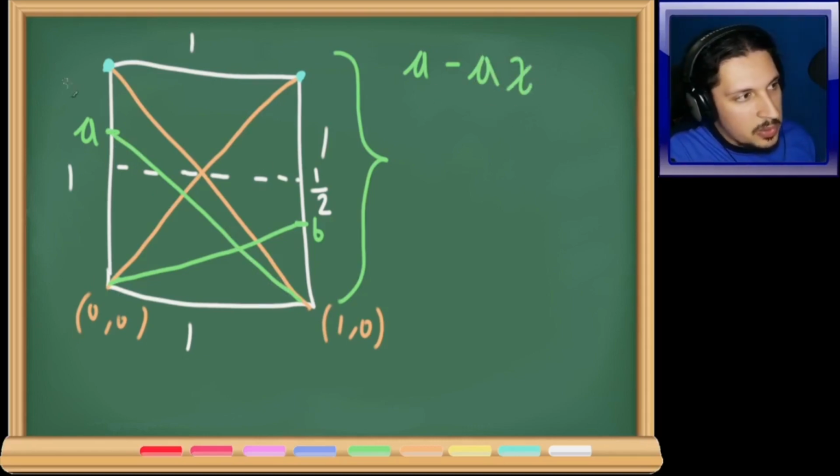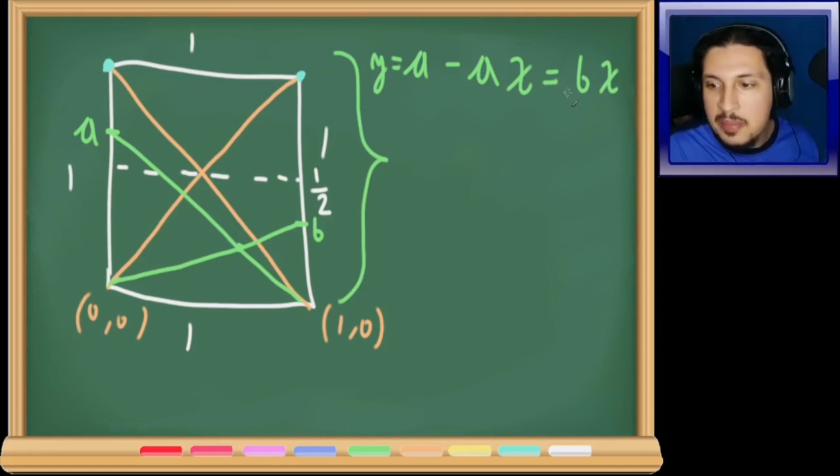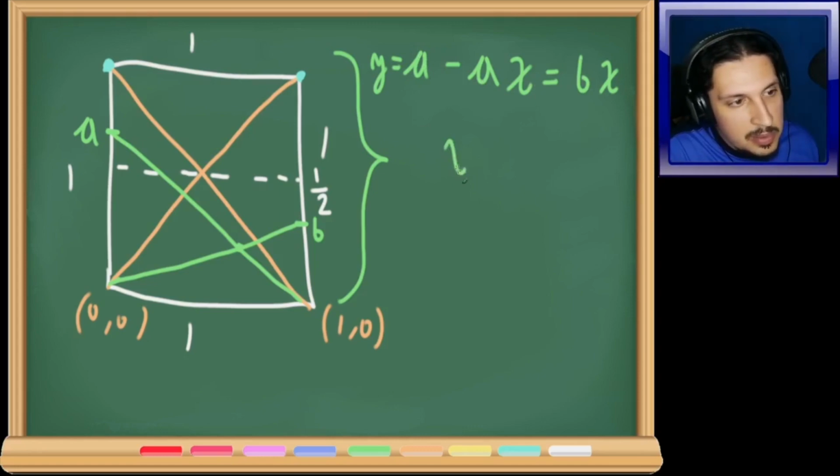So this is the equation for this line, and the equation for this other line is very simple because it goes through the origin, and it goes a height of B in 1 unit, so it's simply B times x. And we want this to coincide because we want to find the intersection point, y equals any of this. So let's solve for x, and well, the solution is simply x equals A divided by A plus B.